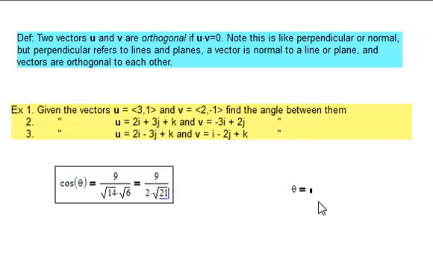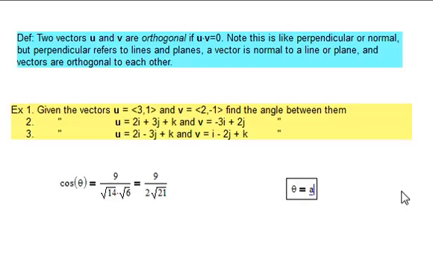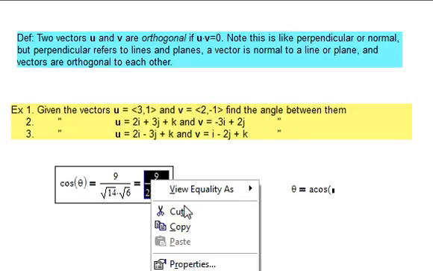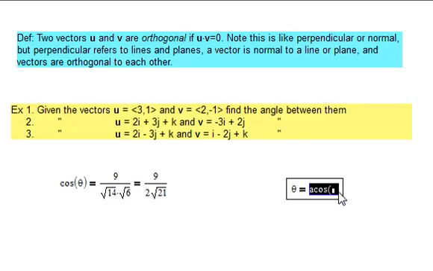Okay, now listen, when I go to find what the angle is, I'm just going to have to say it's the arc cosine. My software, if I want the arc cosine, I just type A and then type cosine. So, and then I'll just copy and paste this in here.